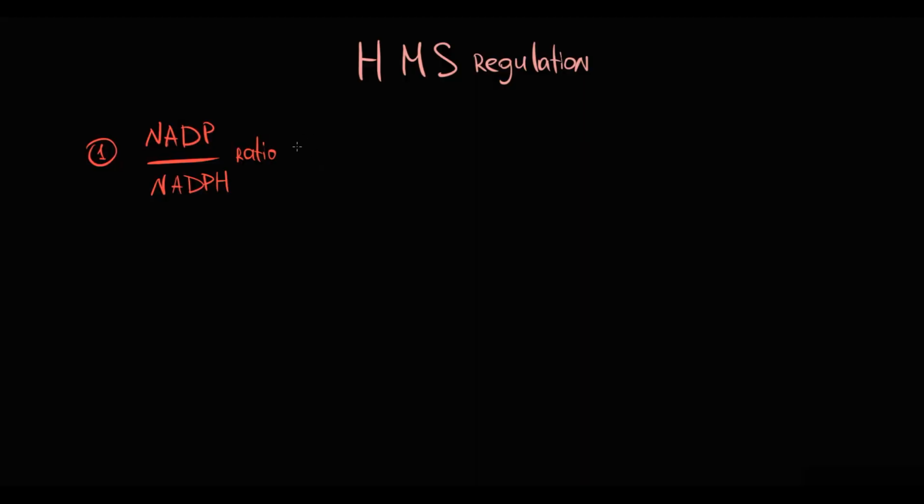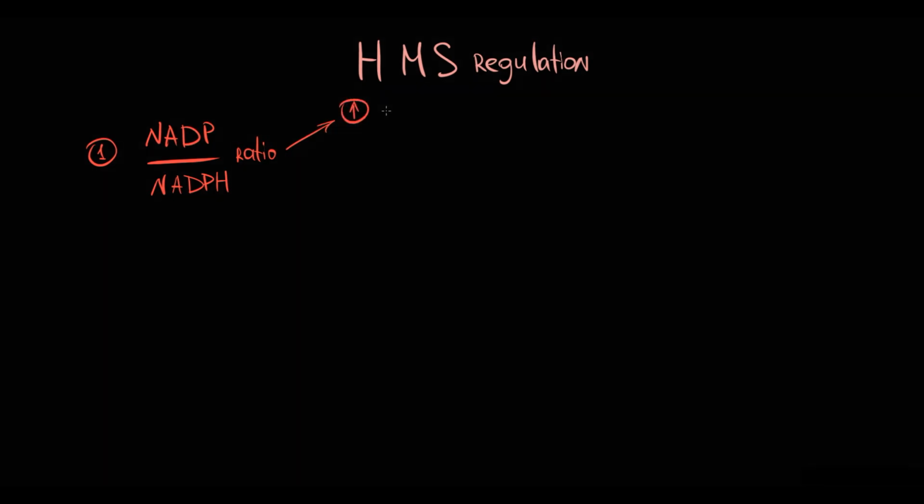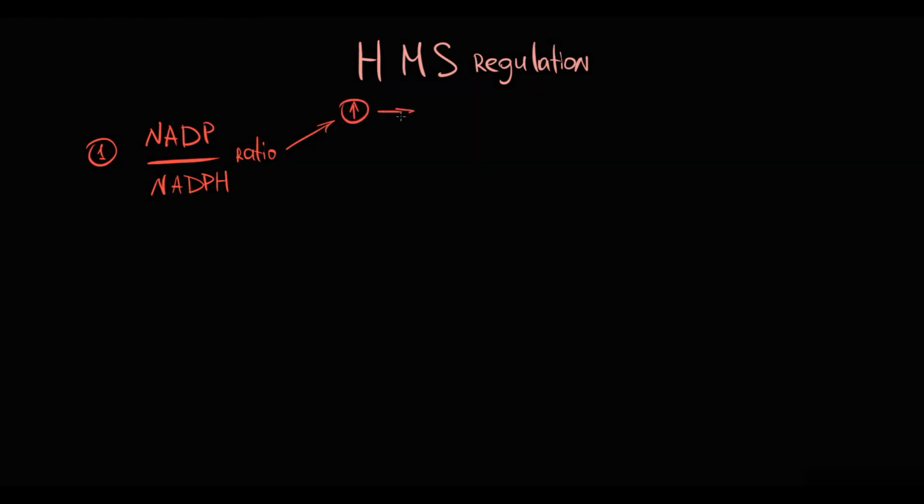So an increase in the NADP to NADPH ratio increases the activity of glucose 6-phosphate dehydrogenase, thereby stimulating the shunt, and a decrease in the NADP to NADPH ratio decreases the activity of glucose 6-phosphate dehydrogenase, thereby inhibiting the shunt.